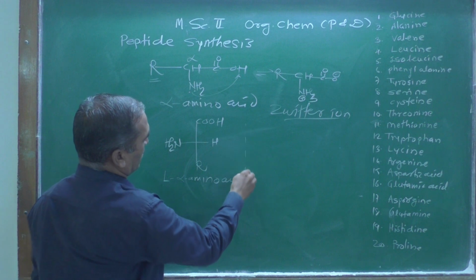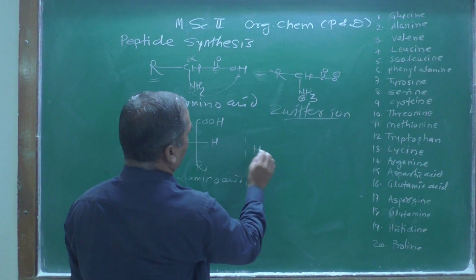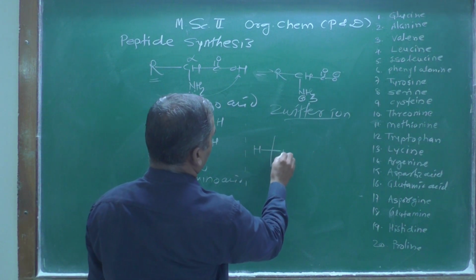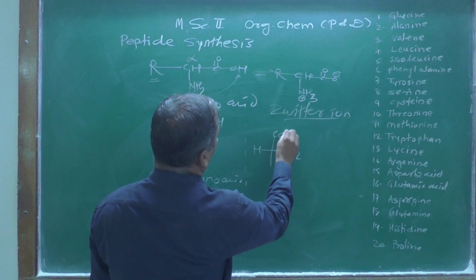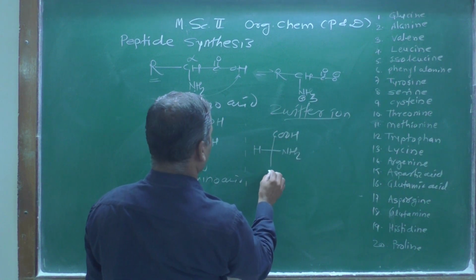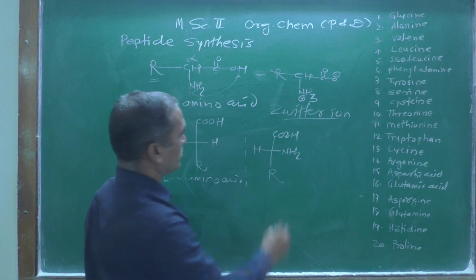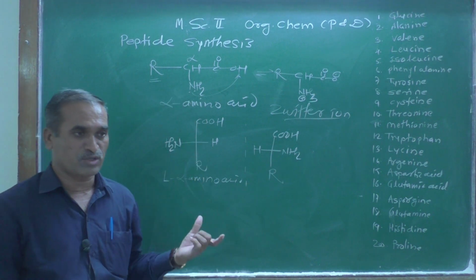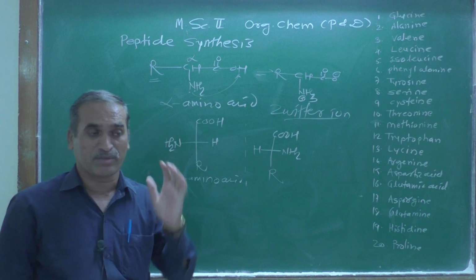If you put a mirror over here, what do you see? You can see NH2 over here. This is COOH, and they are mirror images of each other, and they are known as enantiomers.